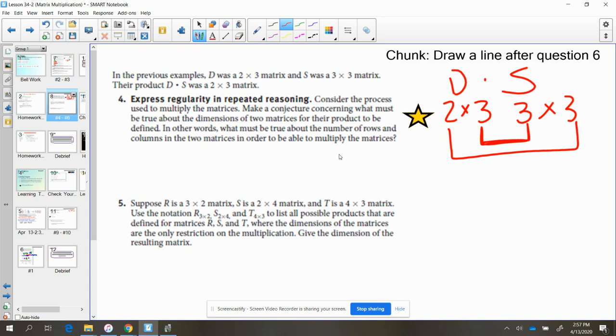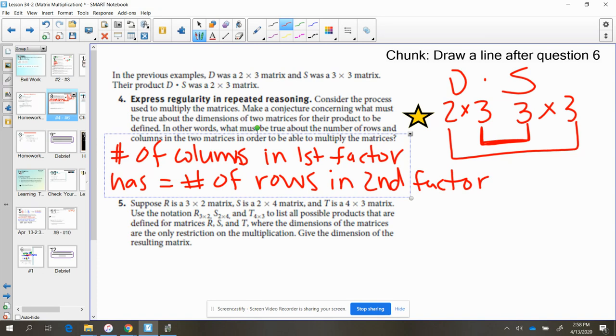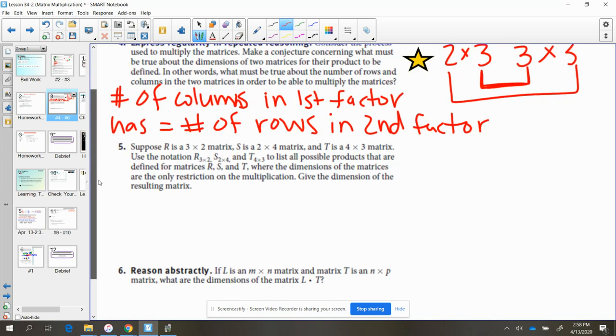So in order for matrix operations to occur, the number of columns in the first factor has to equal the number of rows in the second factor. Notice those 3's had to match in order for this to occur. And then the resulting size was a 2 by 3 matrix, 2 rows, 3 columns.